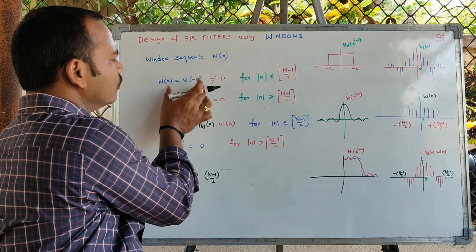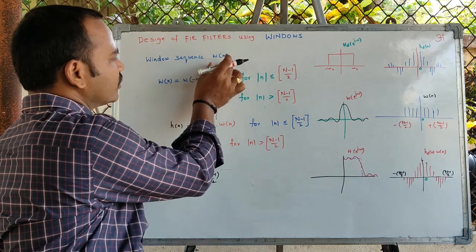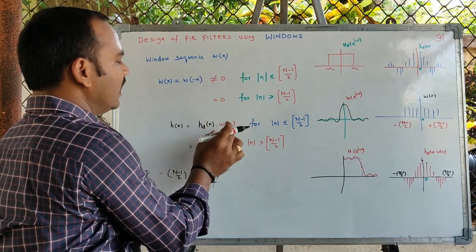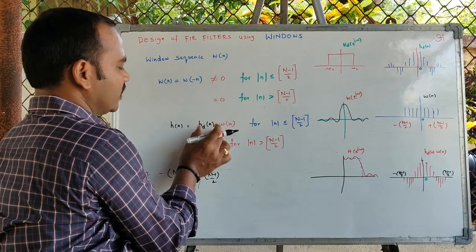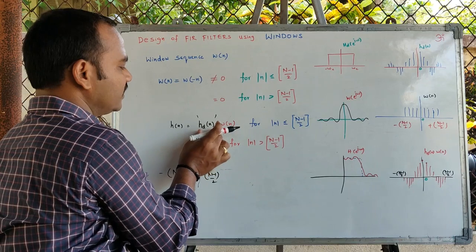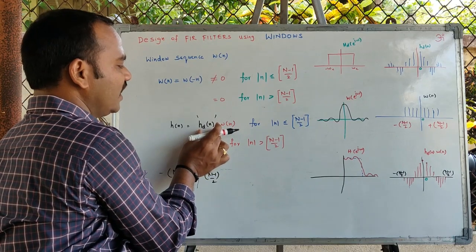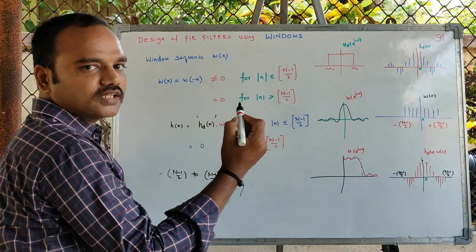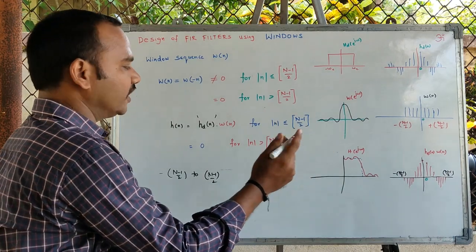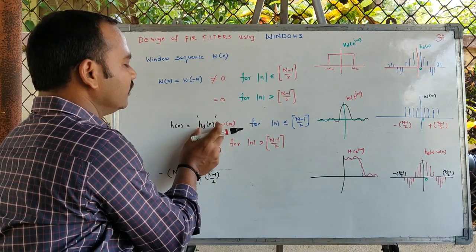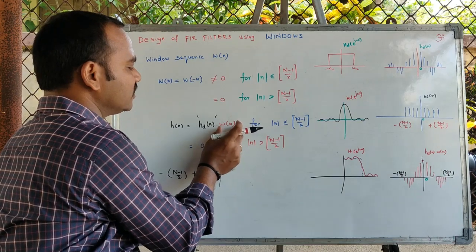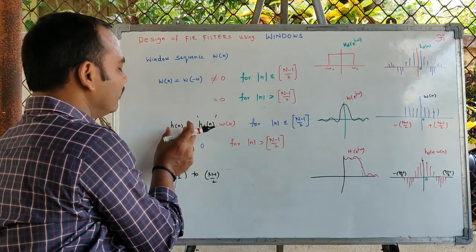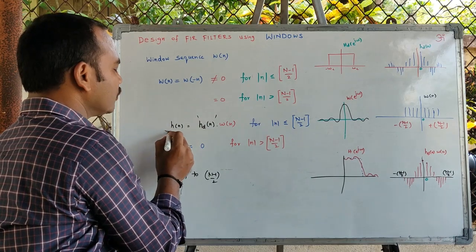Now we use this finite duration window sequence W of n and multiply it with the IIR filter coefficients. This hd of n is the IIR filter coefficients extending from minus infinity to plus infinity. When you multiply an infinite duration sequence with a finite duration sequence, the result is a finite duration sequence h of n.